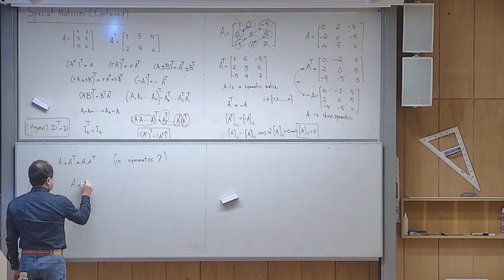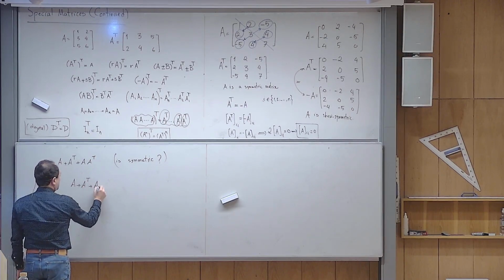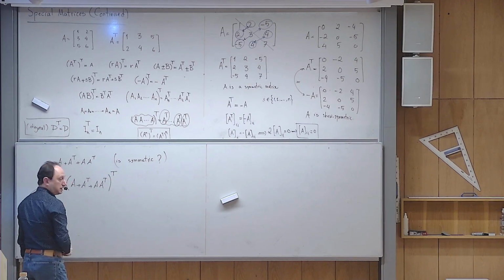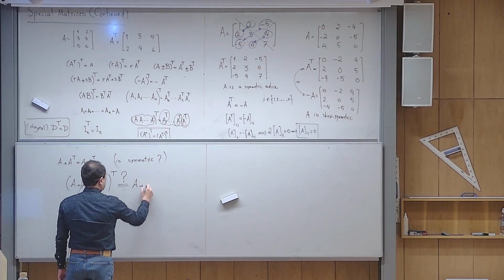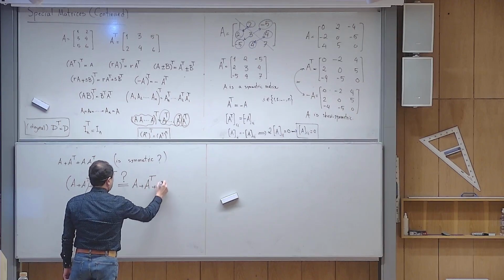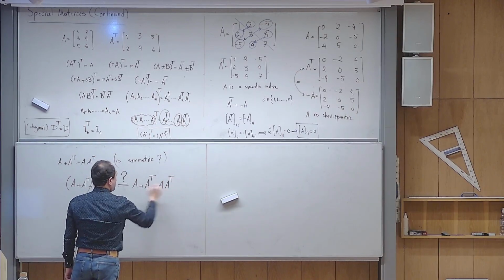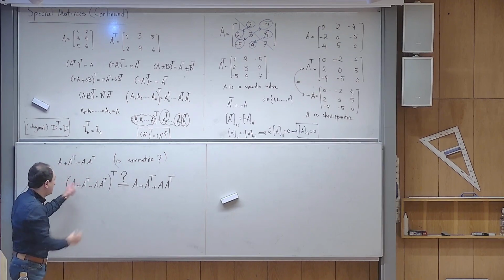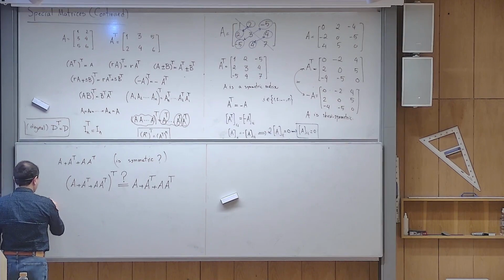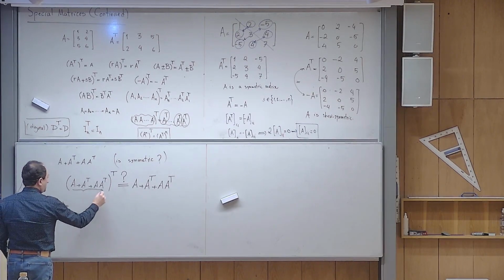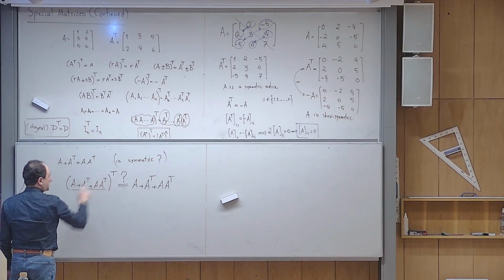So in order to show that this matrix is symmetric, I have to ask this question: is it true that if I take this matrix and transpose it, it becomes equal to itself? If the answer is yes, then this matrix is symmetric. But how should I prove this? I start from the left-hand side. I have the sum of 3 matrices, and I want to transpose the sum.